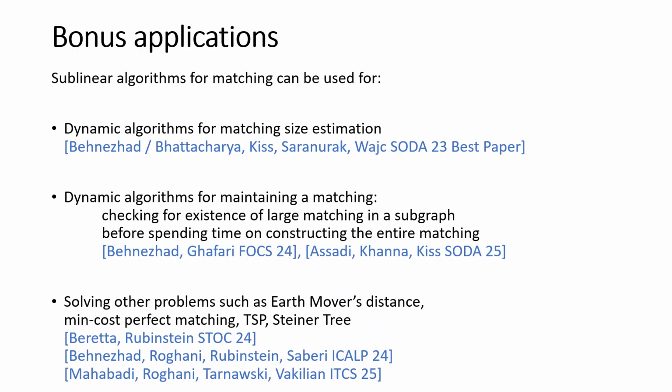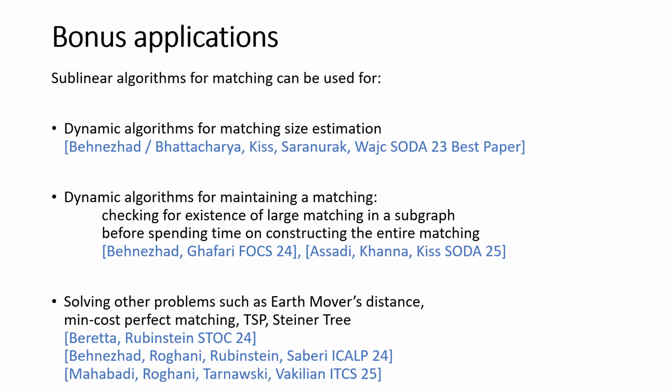Okay, so this is a fundamental problem in a fundamental model, but in case you need more convincing, such an algorithm for estimating matching size can be used for other things. For example, recent works on dynamic algorithms for estimating matching size use such subroutines.